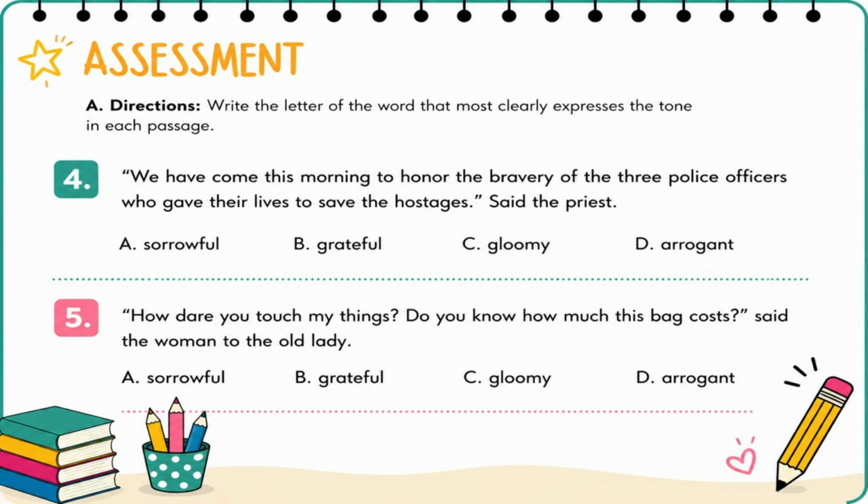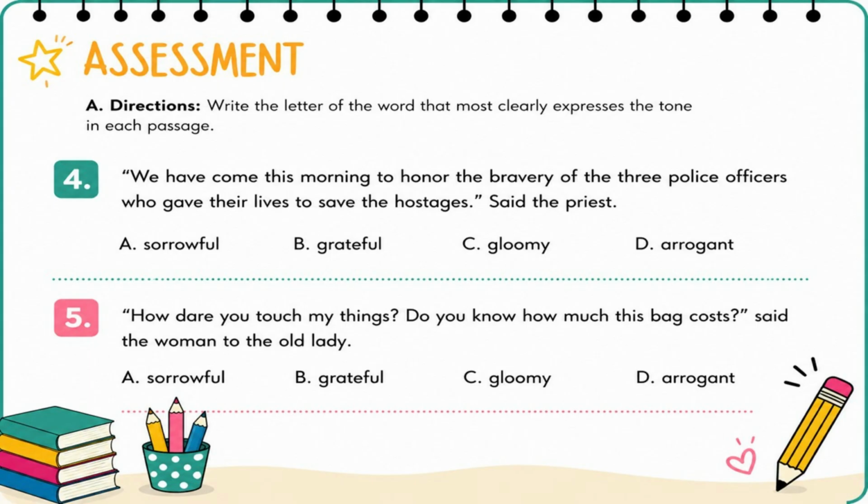Number 4. We have come this morning to honor the bravery of the 3 police officers who gave their lives to save the hostages, said the priest. A. Sorrowful. B. Grateful. C. Gloomy.